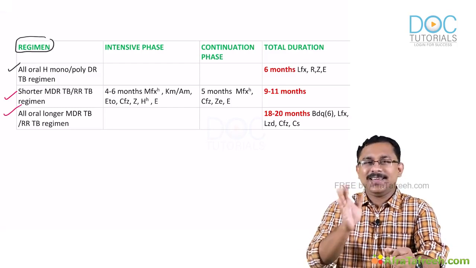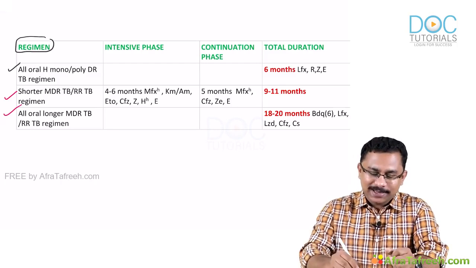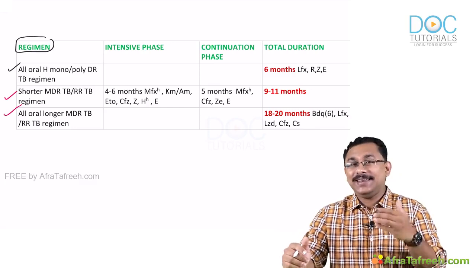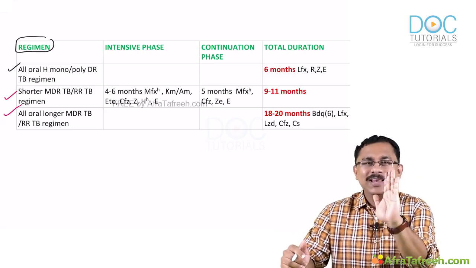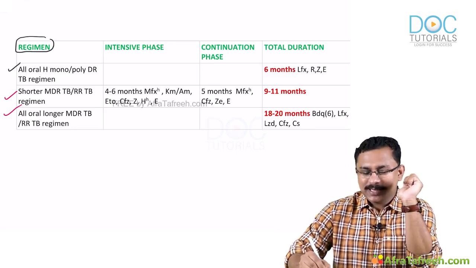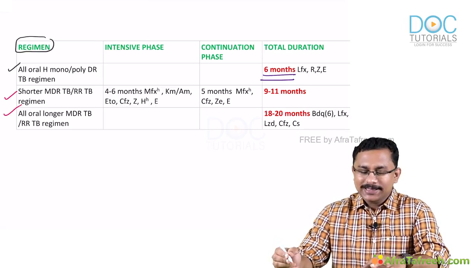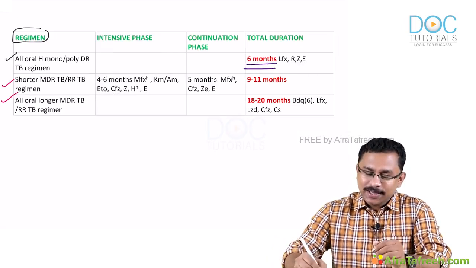First, let us see the first group, INH monoresistance or polydrug resistance. In such a case, you do not have an intensive phase and continuation phase. It is just 6 months of treatment. And what are the agents that are used?